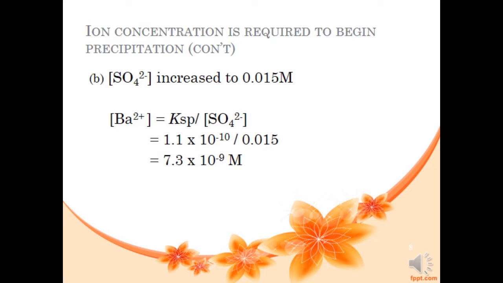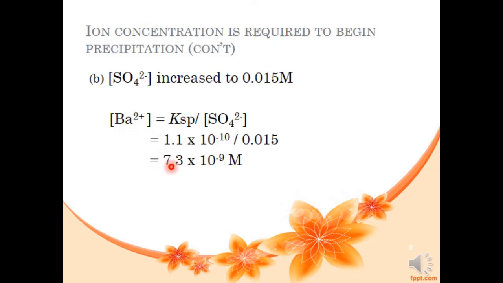So next, how to answer question B. What is the concentration of barium ion so that this salt remains in solution form? Remaining in solution form means again we use the Ksp value. Now we have the sulfate concentration given in the question, so we are looking for the barium 2+ now.